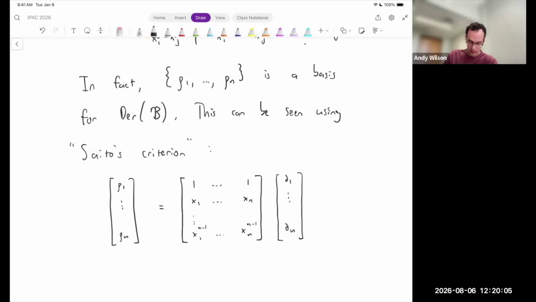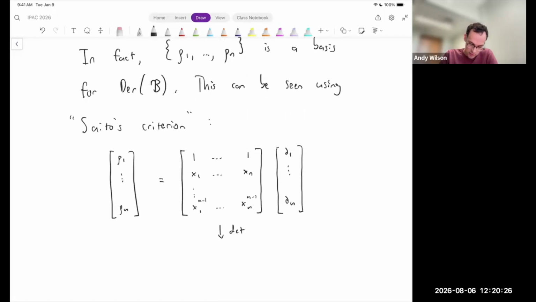And Saito's criterion roughly says that if you've got a set of the correct size to be a basis, so there's n things in there, and they're all genuinely in your module of derivations, which we just checked, they're all valid elements of the module, and if you write them this way and you take the determinant of this matrix, we get the Vandermonde, which remember is the defining polynomial of the arrangement, right? So if those things are true, you've got the right number of things, they're all in your module, and the determinant is the defining polynomial, then they must be a basis for the module.